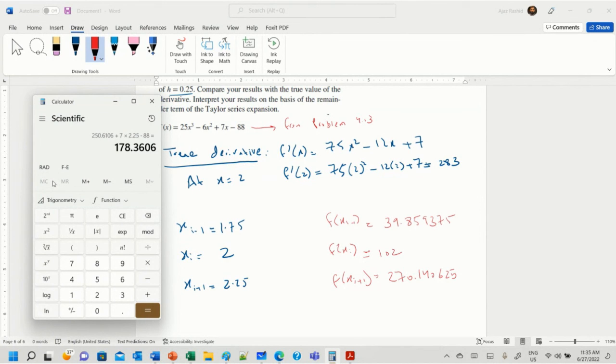Yes, it seems I did not subtract the 88 from this number. So 270.140625 minus 88 is 182.140625.